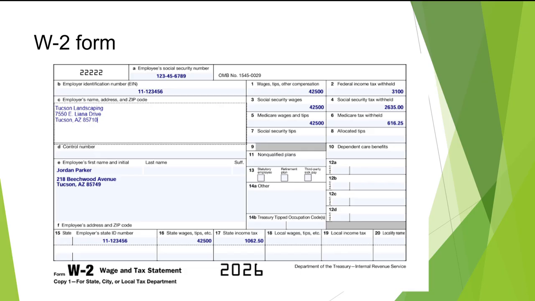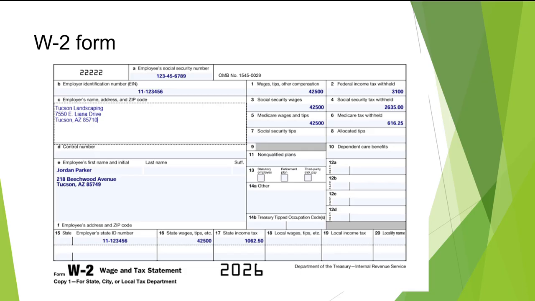Your W-2 form will list your employer's name, address, and zip code. And again, this is a form that's sent to you by the employer, so that should be accurate. The control number field is often blank on people's W-2 forms because usually whatever information is entered there is specifically for the employer's use and not necessarily important to the IRS.